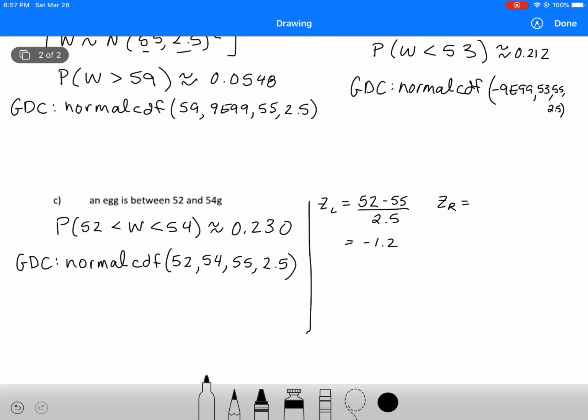Then we're going to standardize our right-hand limit. So we've got 54 minus 55 over 2.5. This is just using the formula from example 1.